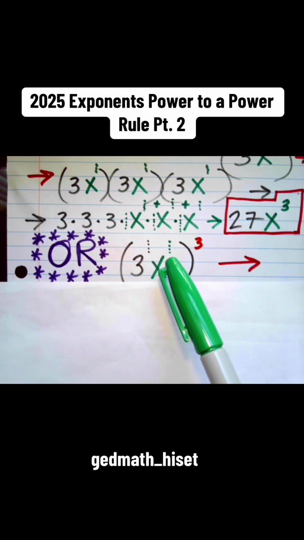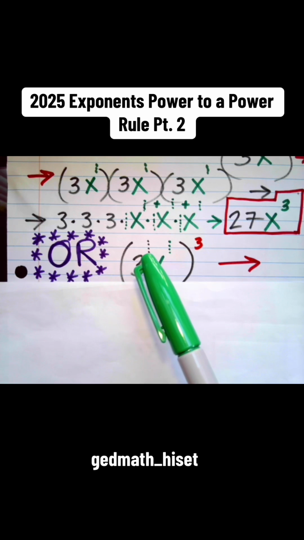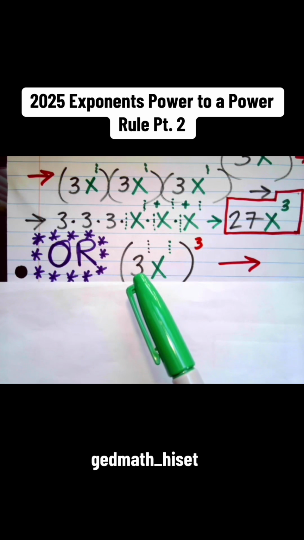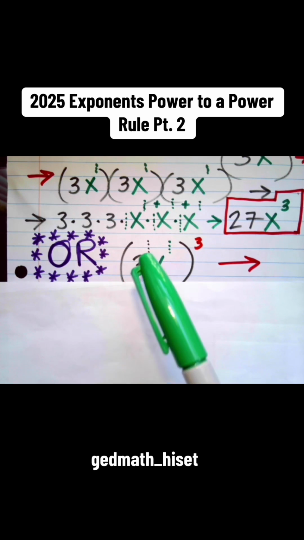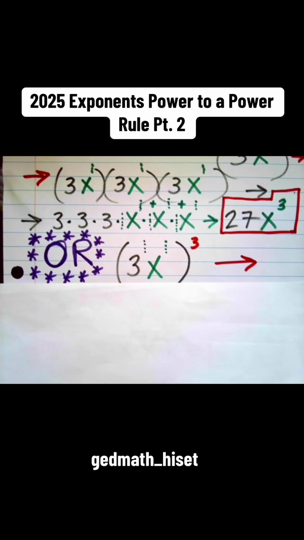I showed you this invisible 1 earlier with the x value. Now I'm showing you that invisible 1 with the 3. By showing these invisible ones and knowing where they're at, it really clarifies a lot of things in mathematics, and it eliminates so much of the confusion when performing mathematics. So let's go ahead and move this further.